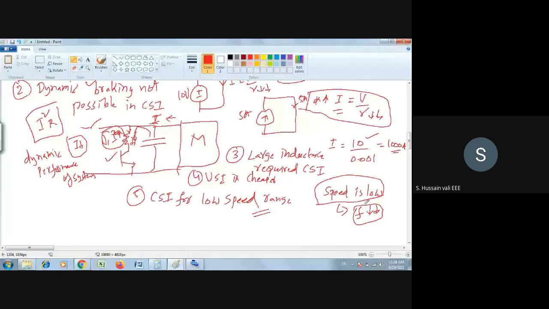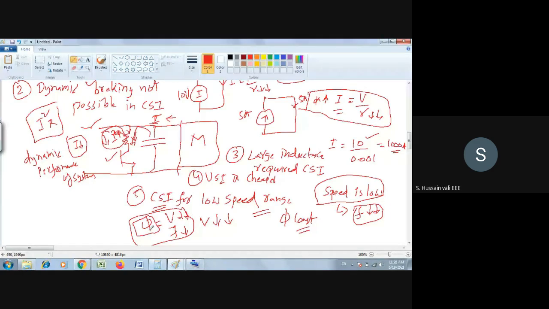At low frequencies, the advantage is that you can have flux constant, because at lower frequencies to maintain the flux constant, you reduce the voltage also. So phi is proportional to V by F. This is better in case of the current source inverter. If you reduce the frequency, you can also reduce the voltage, so you can maintain the flux constant.